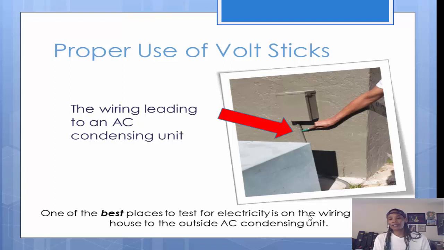A very good place that some clients want you to try is to put your volt stick on the wiring from the AC unit. Some companies consider that the best place to check electricity, so you can also check for power there.